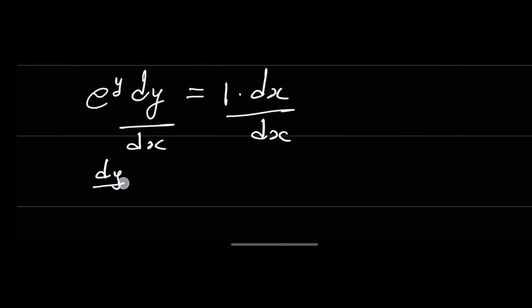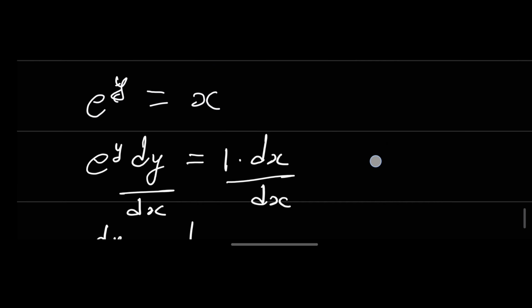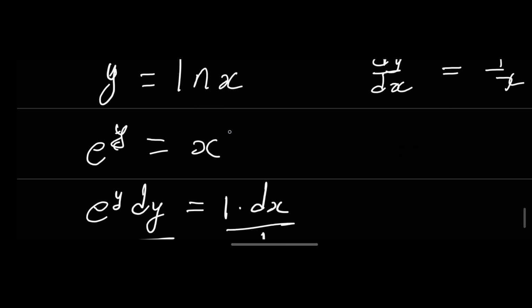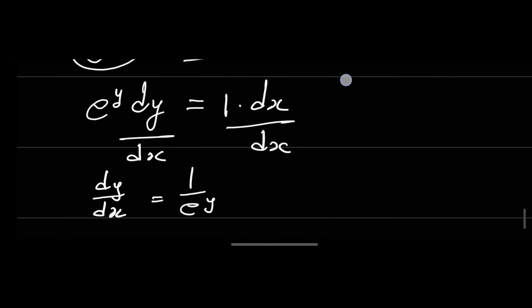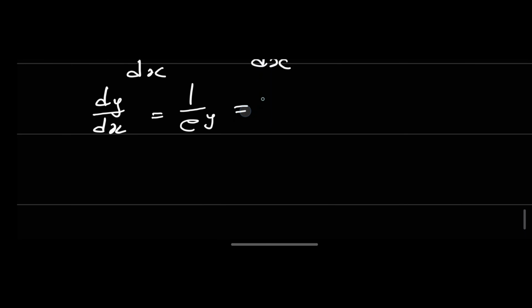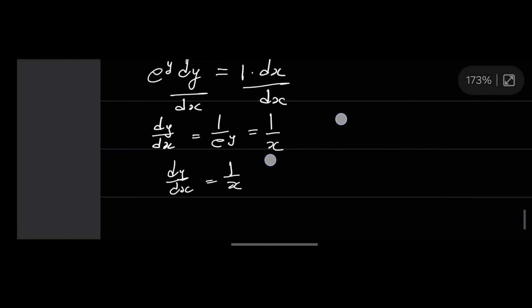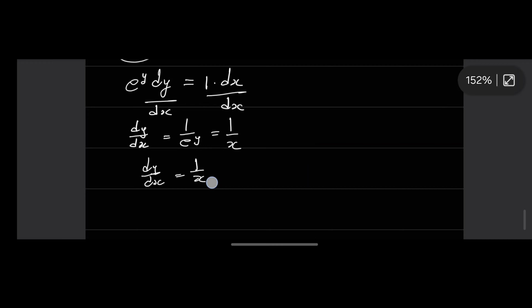Subsequently, let's divide both sides by e to the power y. But e to the power y was x, so let's put the x there, and we end up getting dy dx equal to 1 over x, and this is what we wanted to prove here.